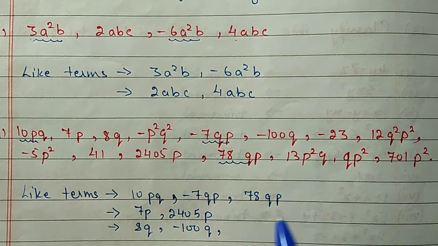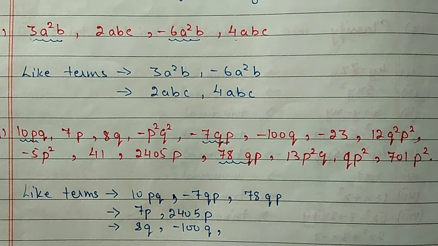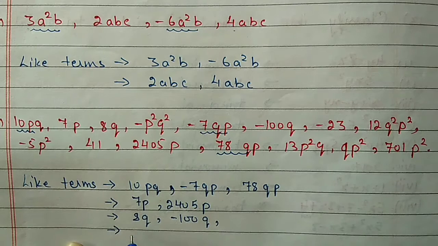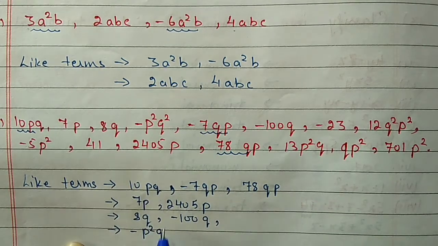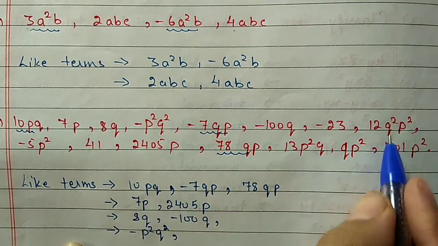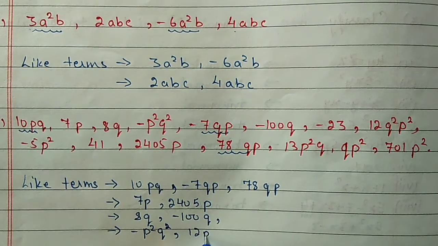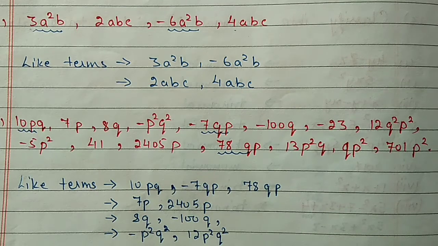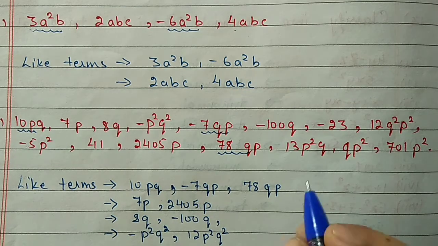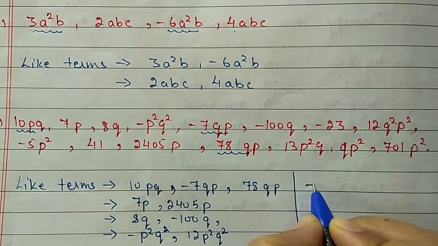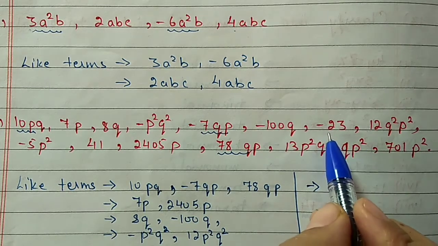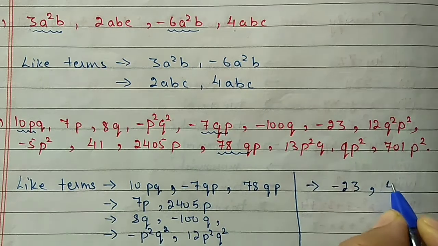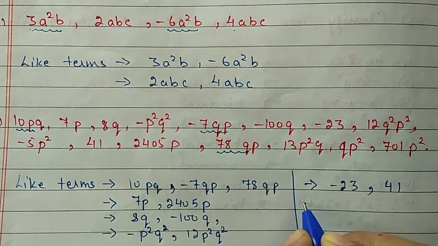Only this much. Then p square q square, minus p square q square, then 12p square q square, only these are there. Then we will see the constant terms, any constant term which does not have a variable: minus 23 and 41, these are without variable.